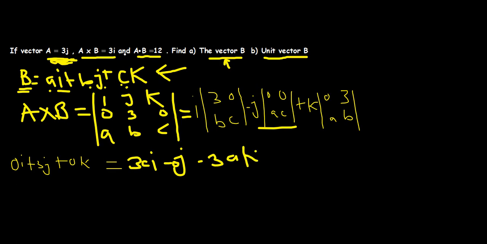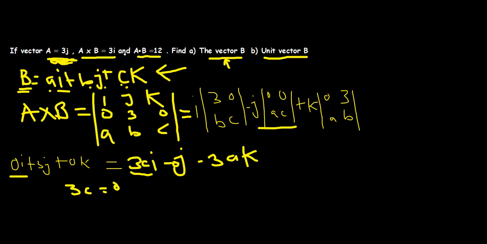From this, we can find the value of c, and we can also find the value of a. We are just going to equate: whatever has i here, we equate to whatever has i here. So i here has 0, here it has 3c, so 3c is equal to 0.